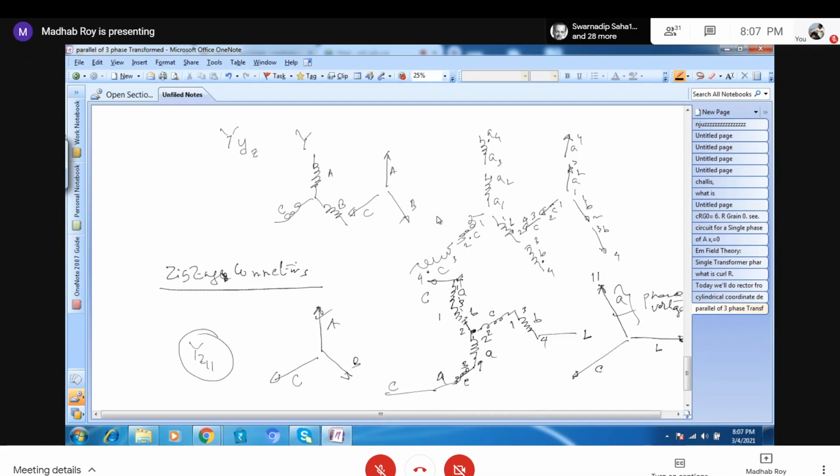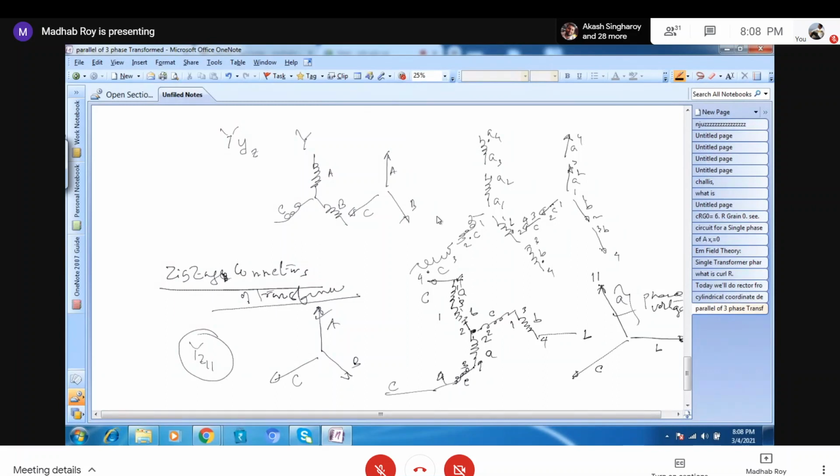So these are called the zigzag connections of the transformer. So thus we can make the zigzag connection of the transformer.